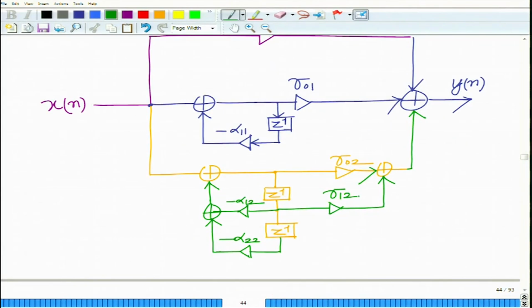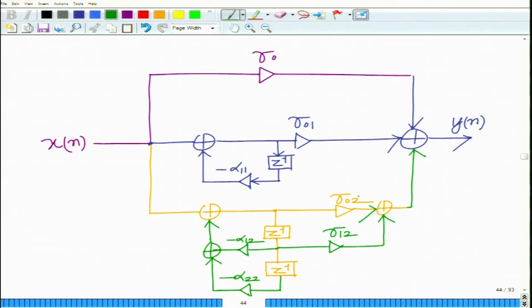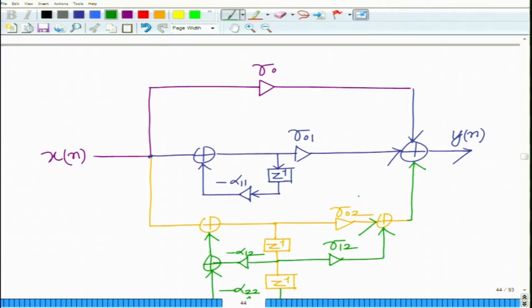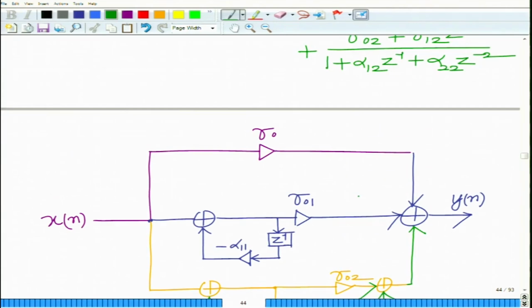You can see this is basically your parallel form 1. Okay, just making sure that we have no errors here. It's minus alpha 1 2, minus alpha 2 2, gamma 1 2, gamma 0 2, and this is basically your parallel form 1.